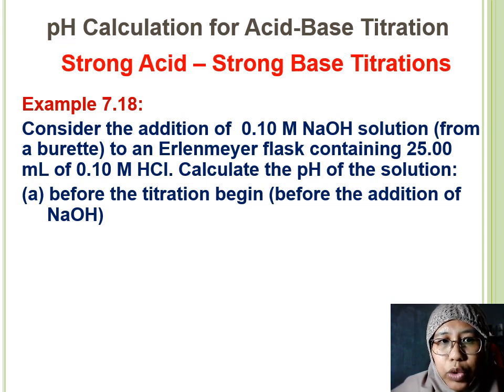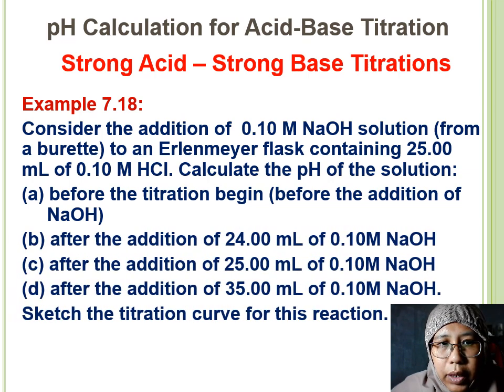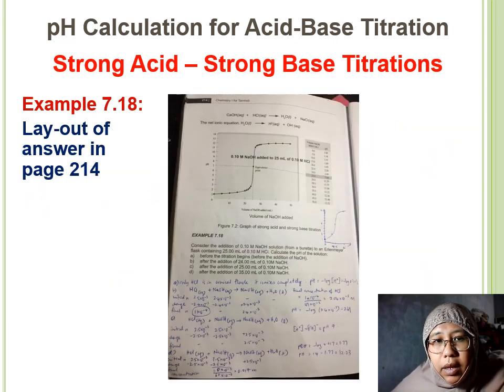Calculate the pH of the solution before the titration begins, and after the addition of 24, 25, and 35 ml of 0.1 molar sodium hydroxide. I'm showing you this as a layout of the answers that you have to write on page 214. You need to use small handwriting and you need to add the titration curve on top.